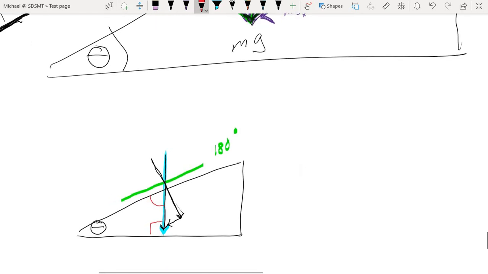In other words, I could call this phi, where phi is the difference between 90 degrees and theta. But then we have angles of opposite vertices, which we know have to be equal to each other. So this is also phi.